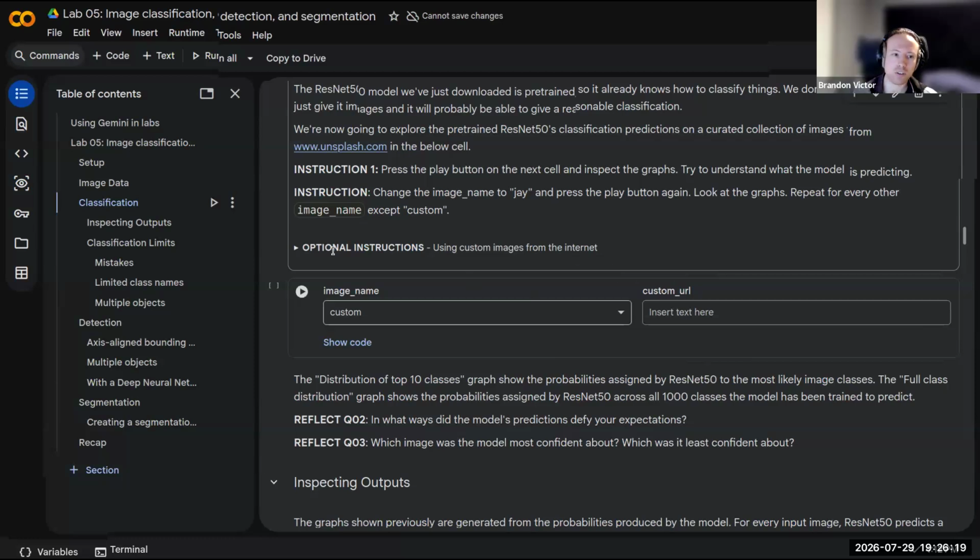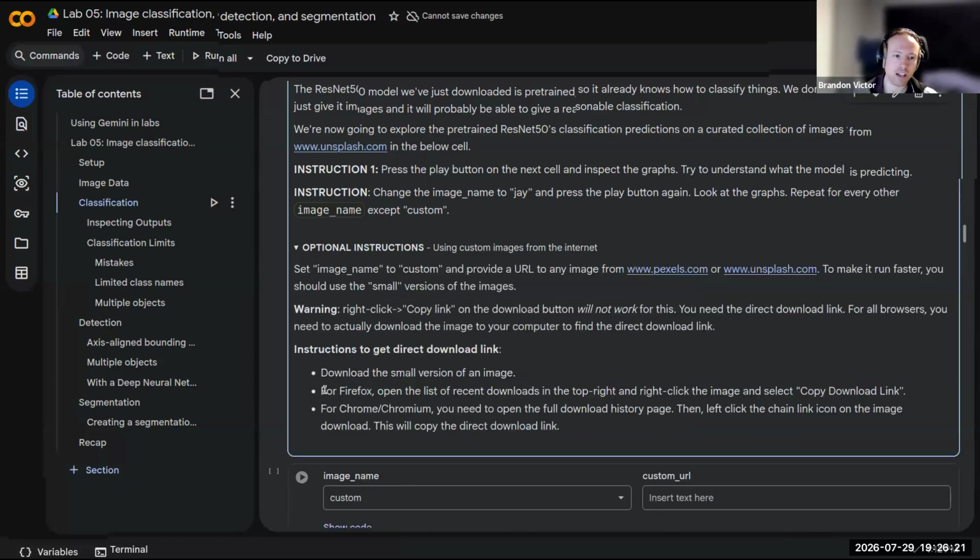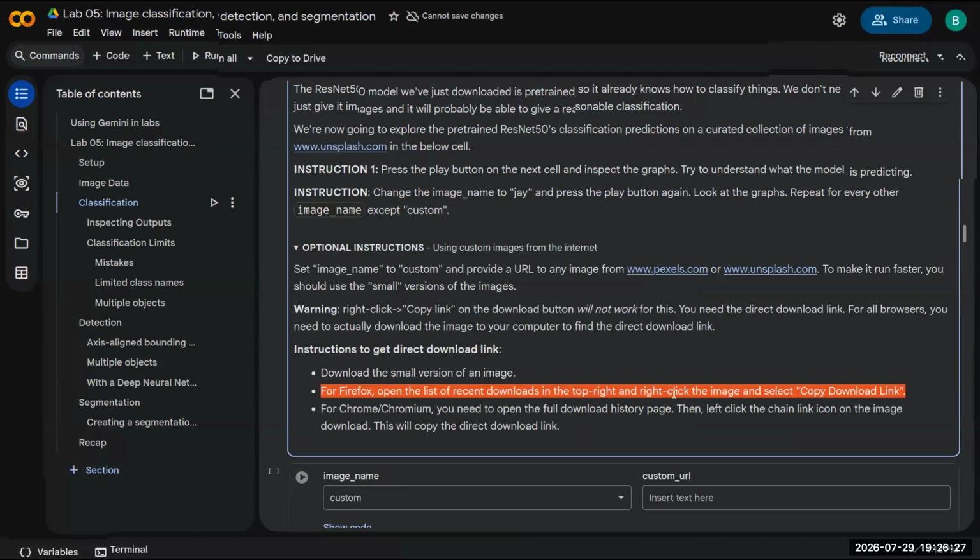Following these instructions, when you have downloaded it and you have an image file on your computer, like it's gone to your downloads folder, that means the browser has found that final step of the chain and has actually got the image.